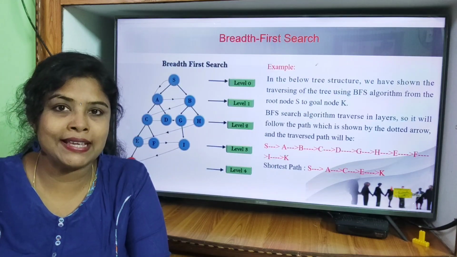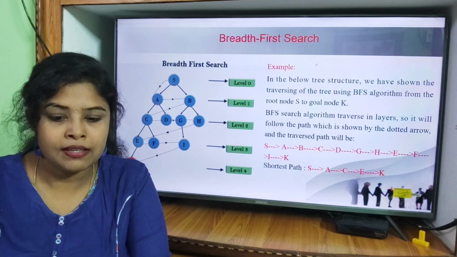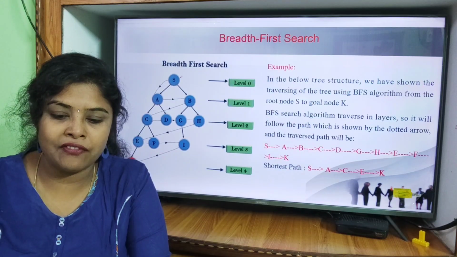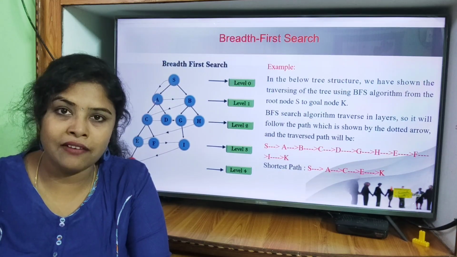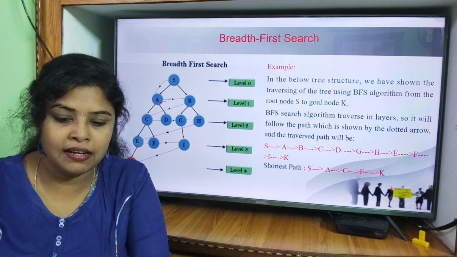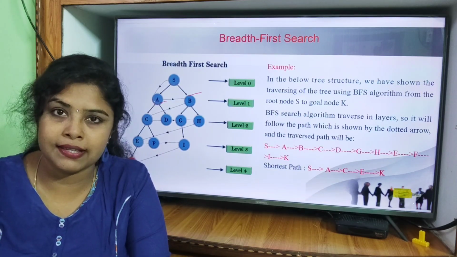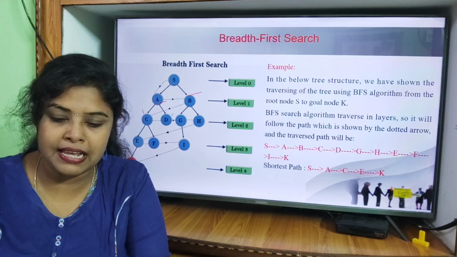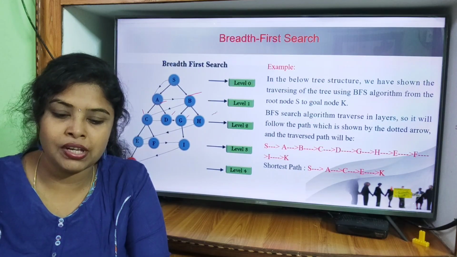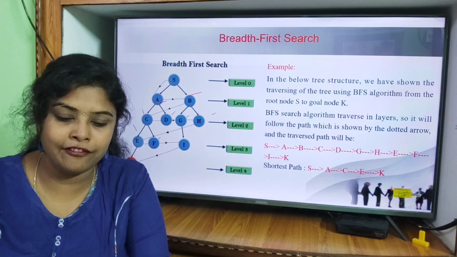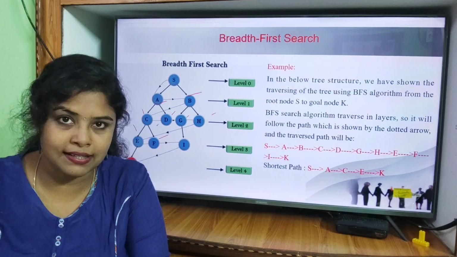Now let us see one example of BFS. So here I have shown a tree. We have S and its successors A and B. And then A has two successors C and D. B has two successors G and H. And C has two successors E and F. D does not have any successor.